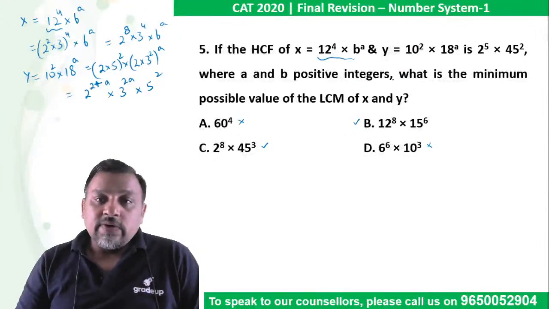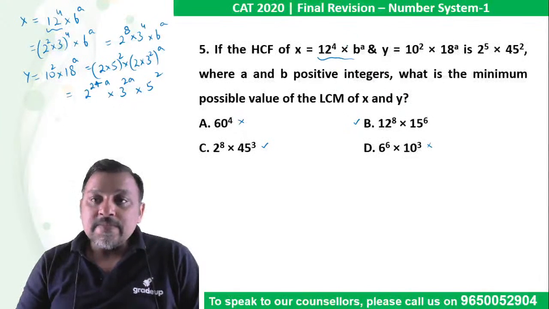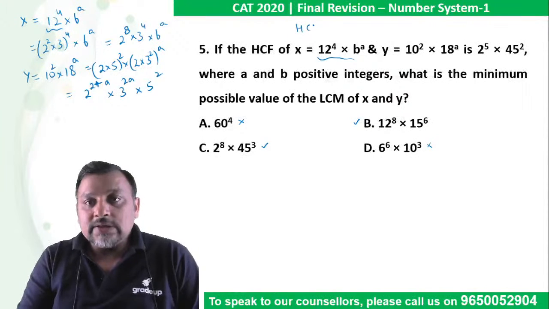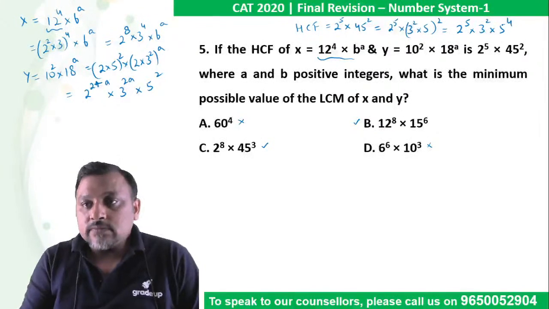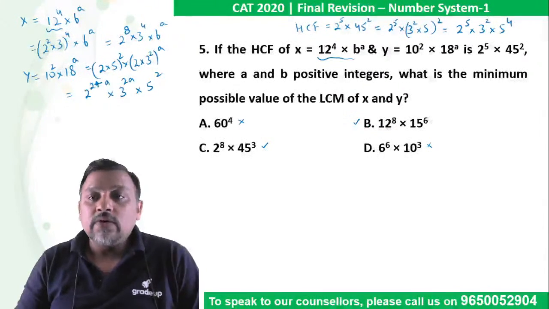Okay, now it is given the HCF of these two numbers. HCF is given, it is 2 raised to the power 5 into 45 square, where 45 is nothing but 3 square into 5, that is 9 into 5. So this is the HCF. Okay.